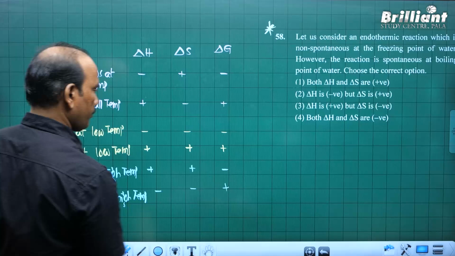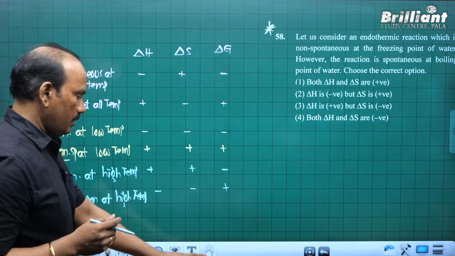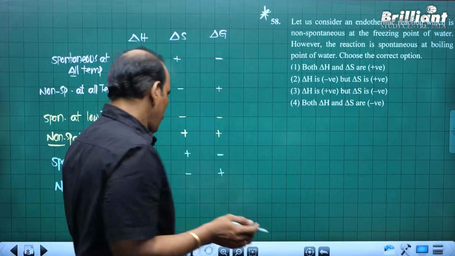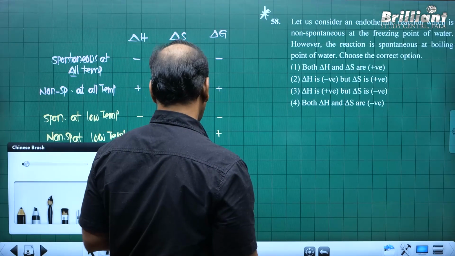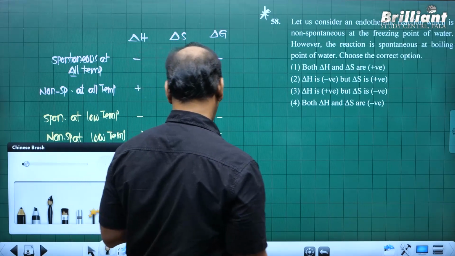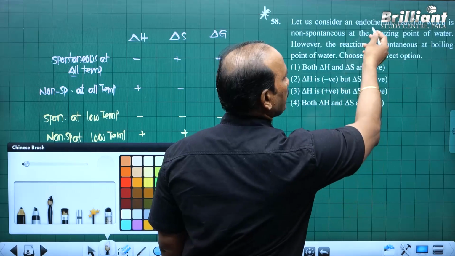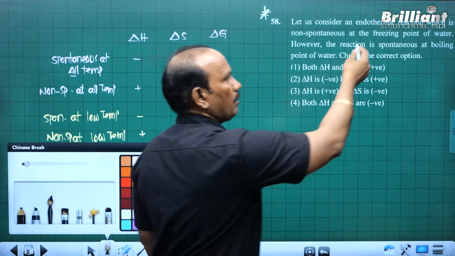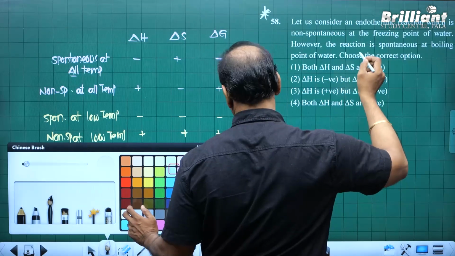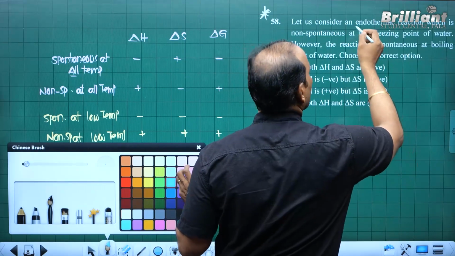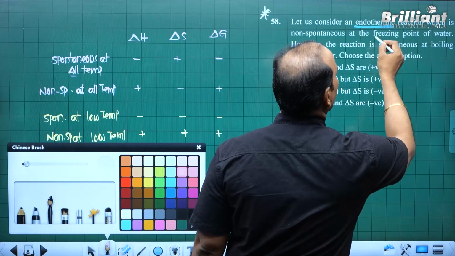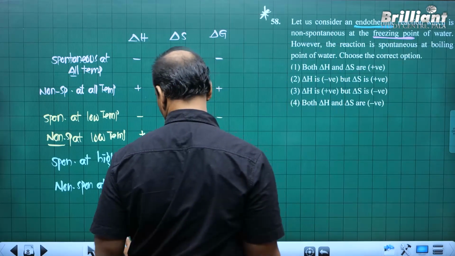Okay. Then this is an important concept. Now you are going to that. What is the given condition? First, endothermic is given. Two cases are there in this one. First case, endothermic. This is endothermic. And then here freezing point, low temperature. What is the condition?